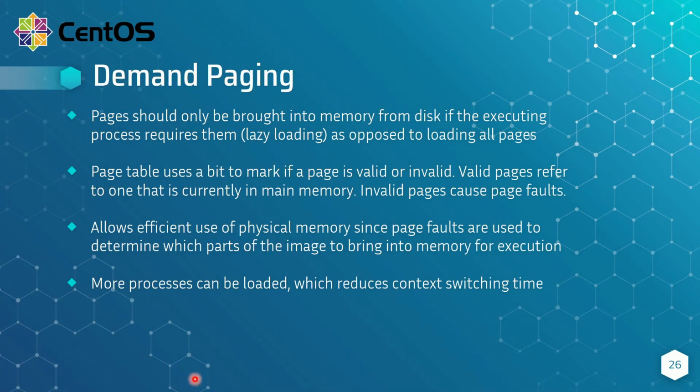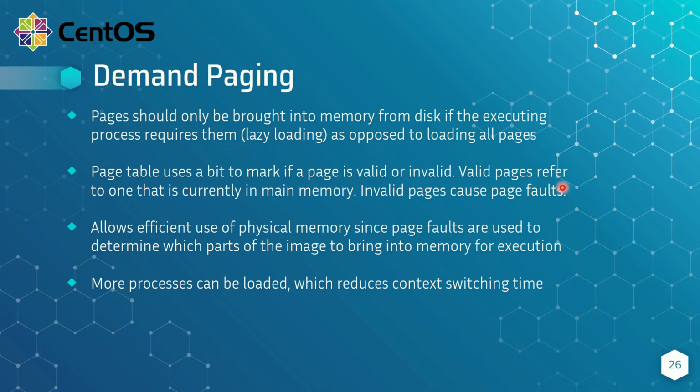In Linux, it does use demand paging as opposed to loading all the pages. This is also known as lazy loading. Pages are only brought into memory from hard disk if the executing process actually needs them. The page table uses a bit to mark if a page is valid or invalid in the table.